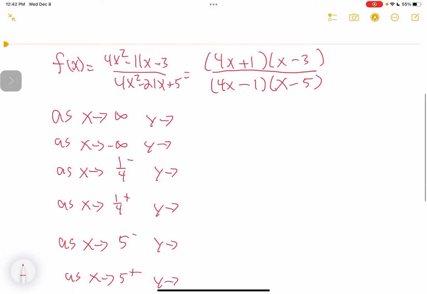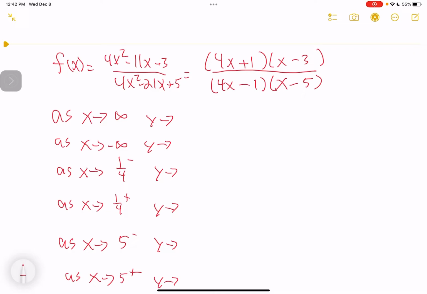So again, nothing's going to factor. The first thing to consider as x approaches infinity or negative infinity is the end behavior, the long-term behavior. Now this original function has 4x squared on top and 4x squared on bottom.